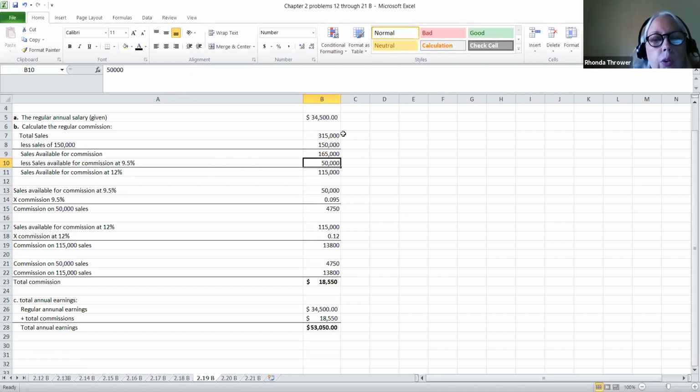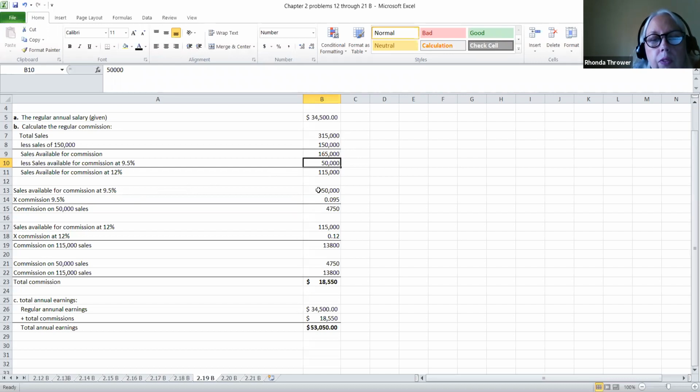Because she had total sales of 315, she had to do a quota of 150,000, which she covered. She has 165 left for basing her commissions. The first 50,000 of that 165,000 is going to be a commission at 9.5%.